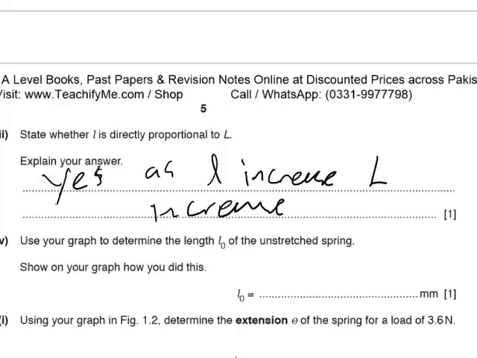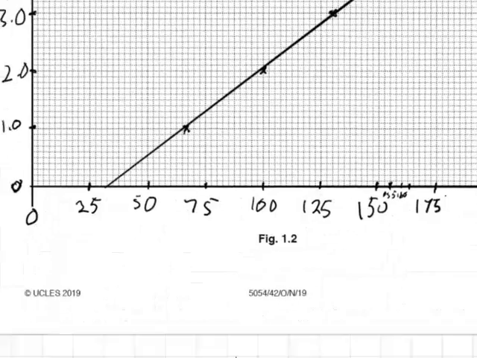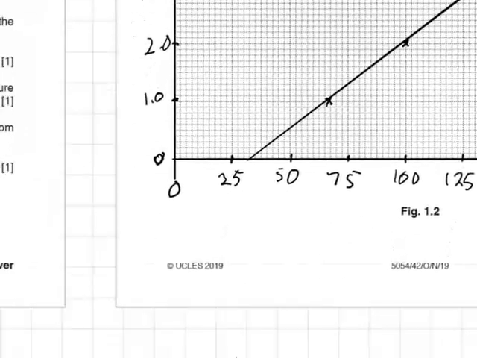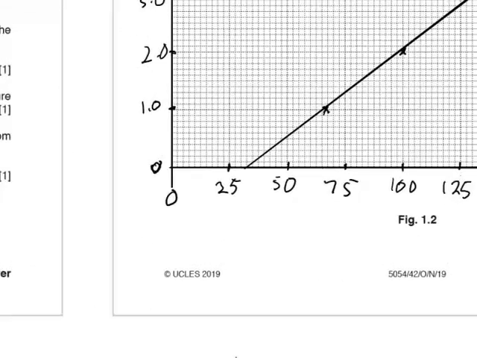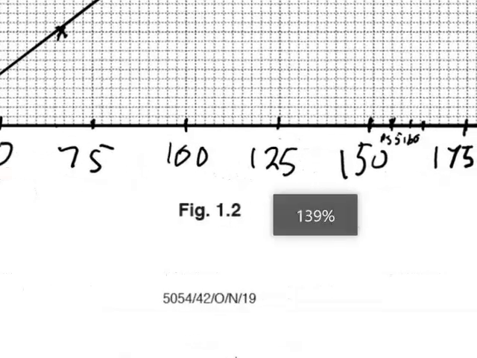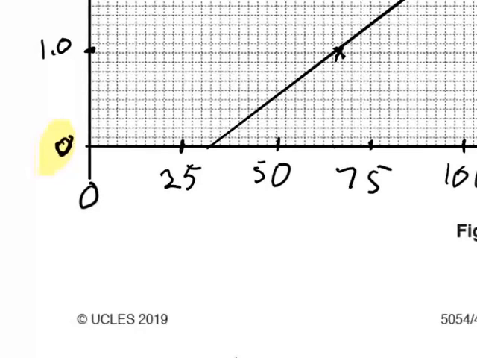Okay, and use your graph to determine L0 of the unstretched spring. Show on your graph how you did this. You will notice that the unstretched spring means when the load is 0, you will notice that this will be your value.